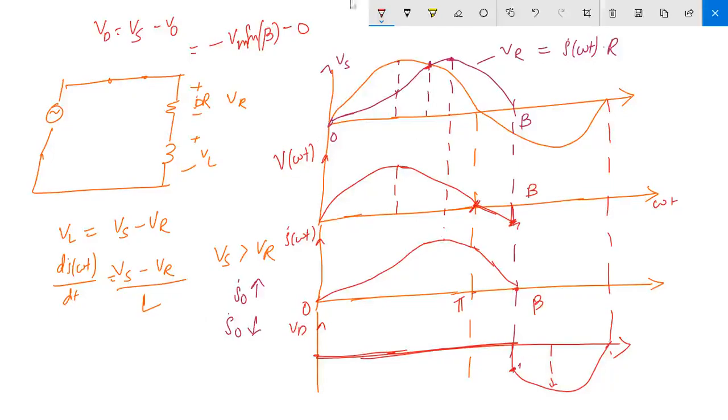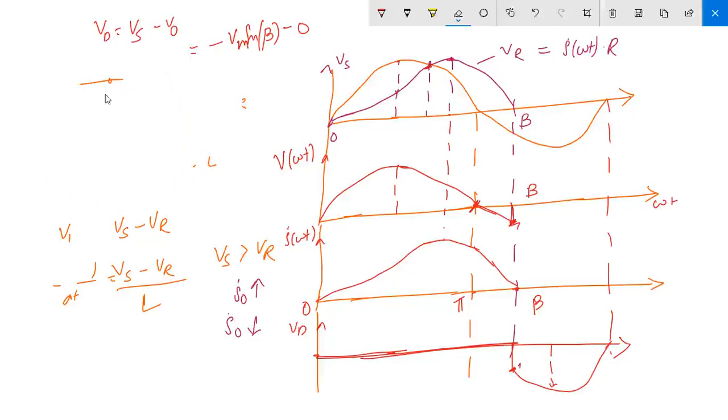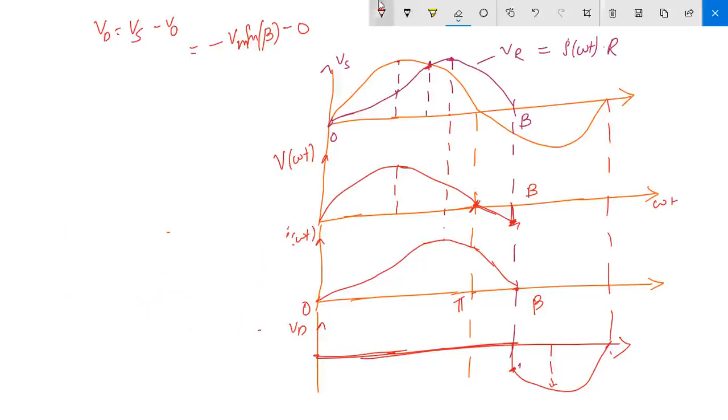Now let us talk about your RMS values, average values. If you see the voltage waveform here, the voltage V naught average value is 1 upon 2 pi integration 0 to beta. So there is one change, because now the conduction is from 0 to beta.